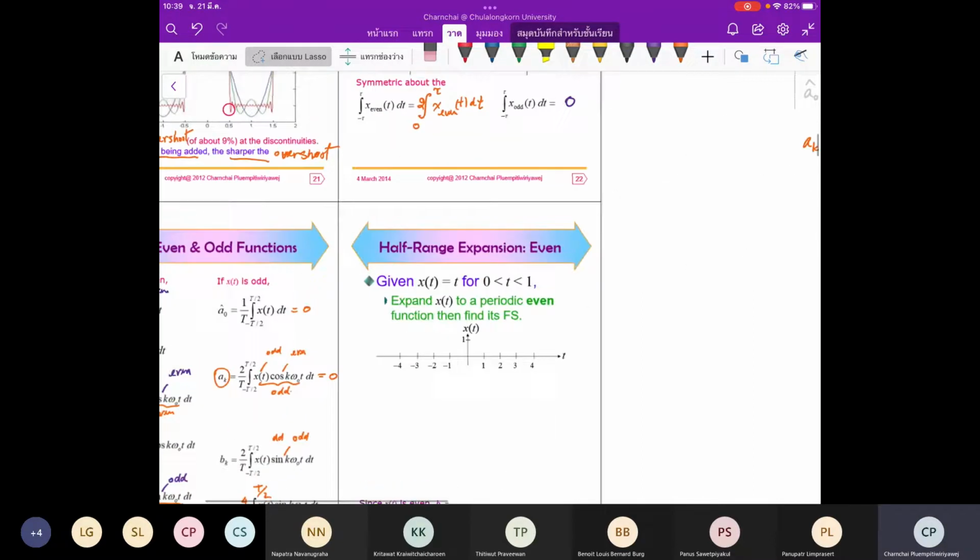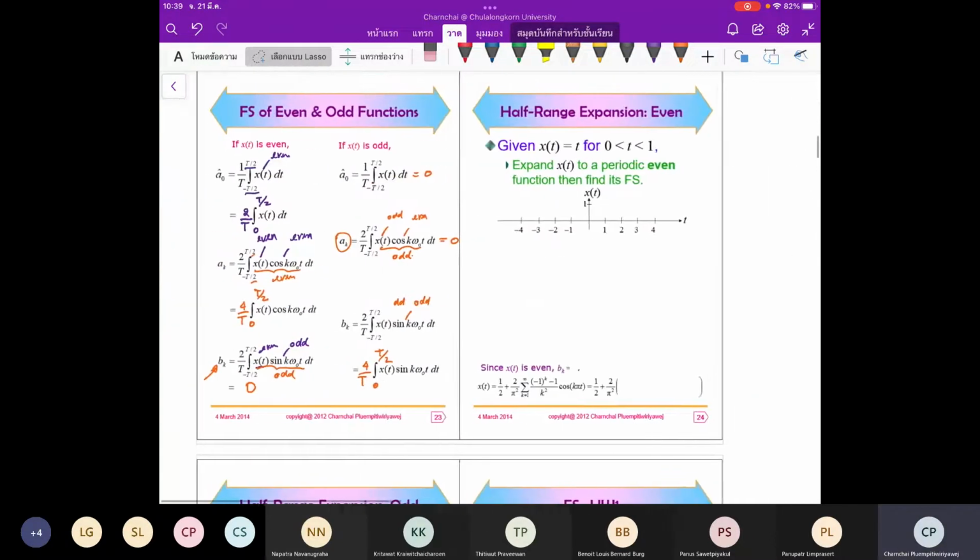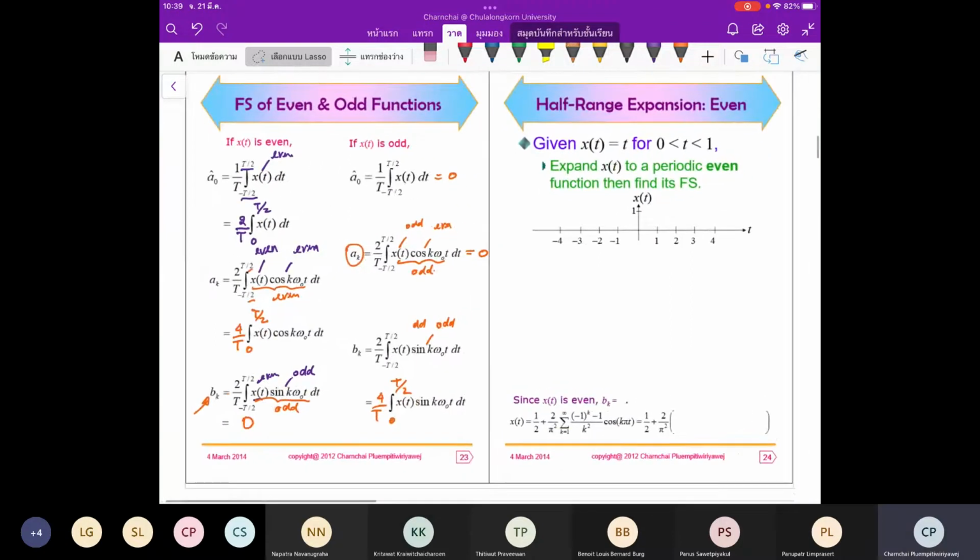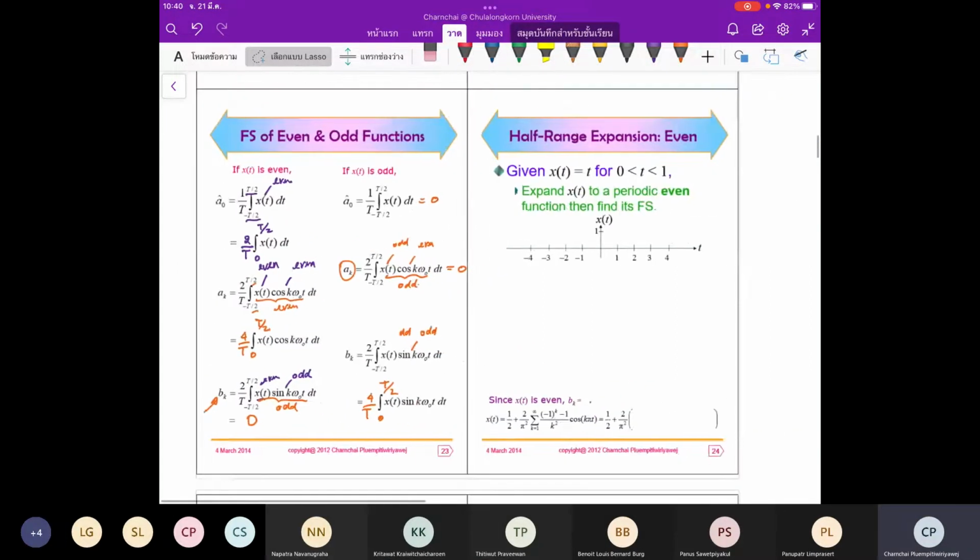Okay, 23, right? We did this, right? Odd and even functions. Okay, this formula 23 we haven't. We shall do this.